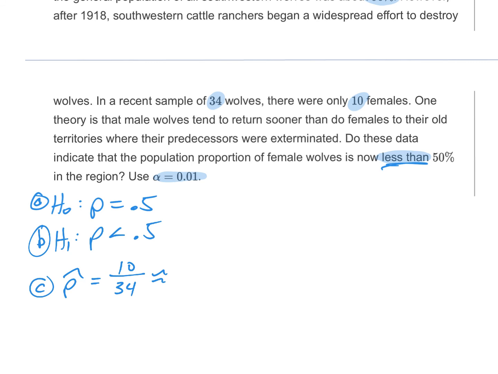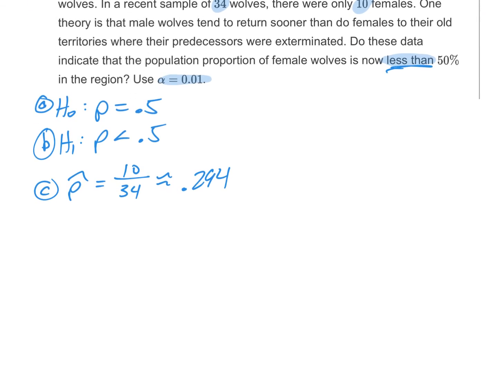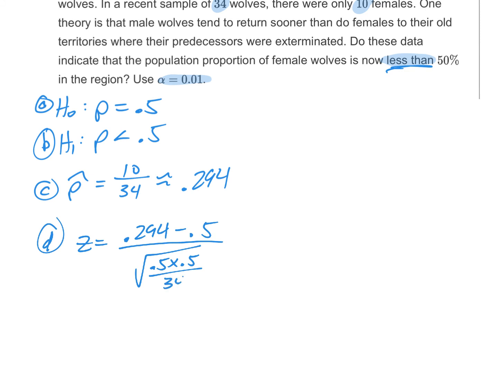So that gives us 0.294. Remember, 3 decimal places. Question D is our test statistic Z. We're testing the 0.294 in comparison to 0.5. It's the square root of 0.5 times 0.5 all over 34. That gives me a negative 2.40.